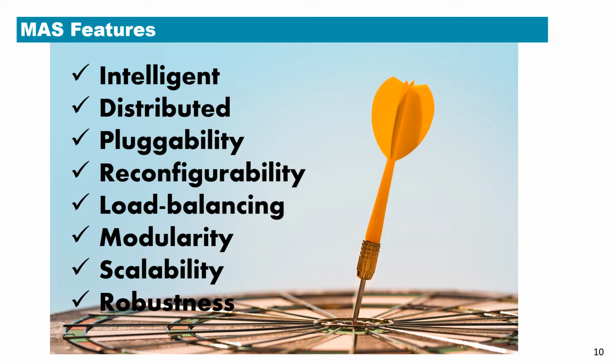And of course we can have a scalable system which can be extended, with new agents added incrementally. And lastly we can have robustness, which means if an agent or a decision has failed, this does not cause a failure of the whole system.